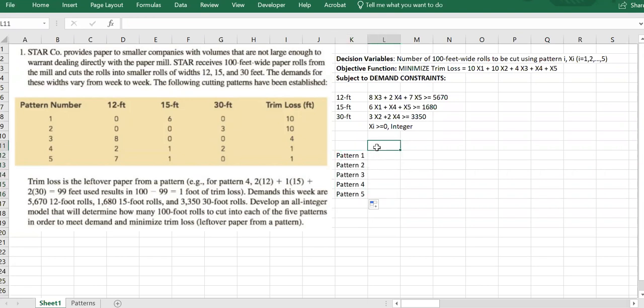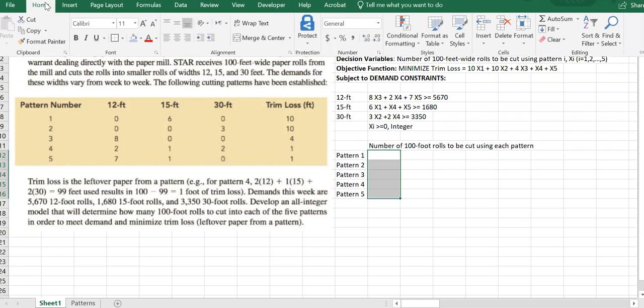This will be the number of 100 foot rolls to be cut using each pattern. So those are my decision variables. I need 5 of them.